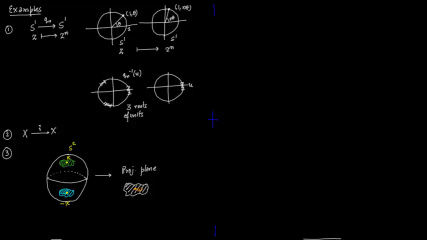So now we have an example from the plane to the torus. So from R2 to S1 times S1. So we have already seen the map for S1. We are just going to generalize this. So you're taking points x, y and you map it to exponential of 2 pi i x comma exponential of 2 pi i y.